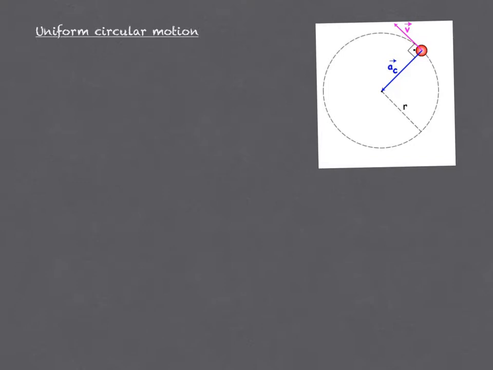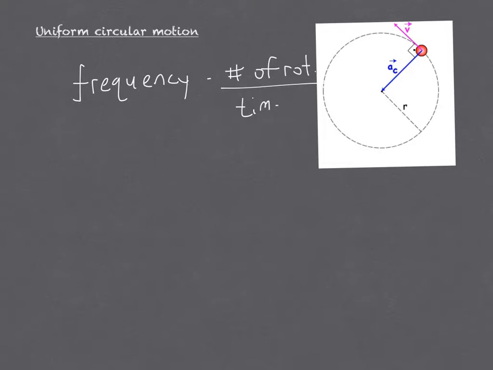Another property that is very closely related to period is the frequency. Frequency is the number of rotations per time. And it is going to be the symbol of script F. So that's the variable.